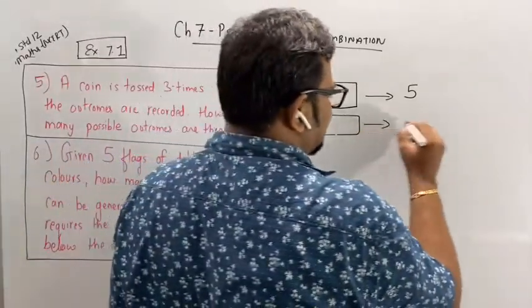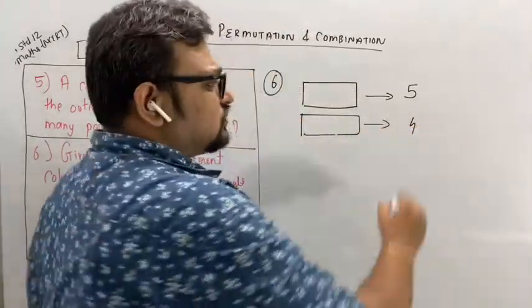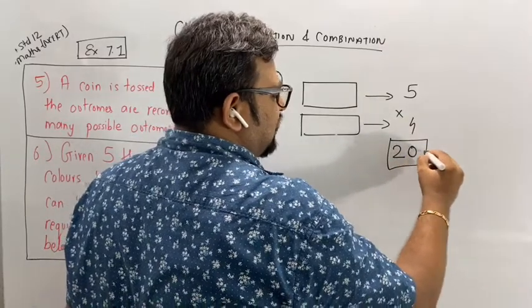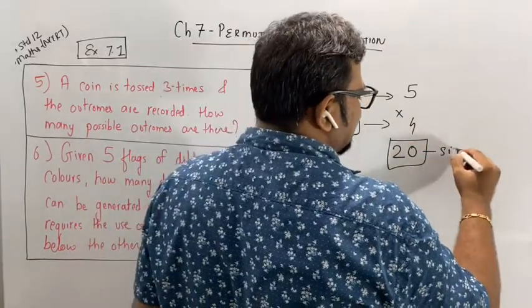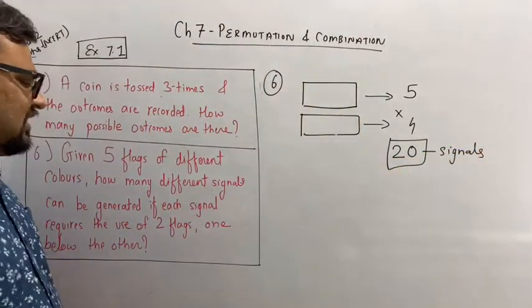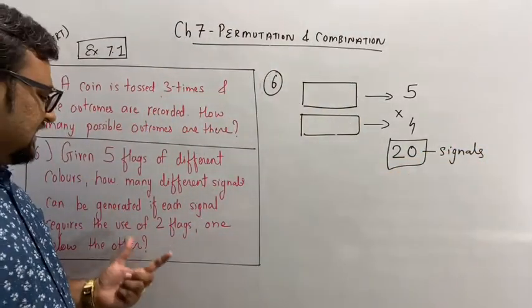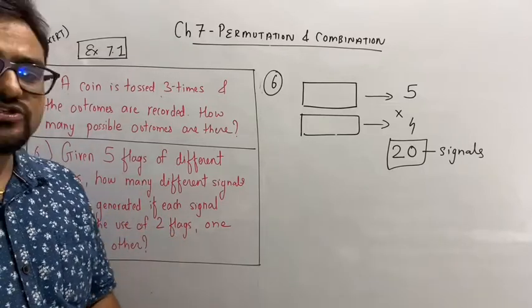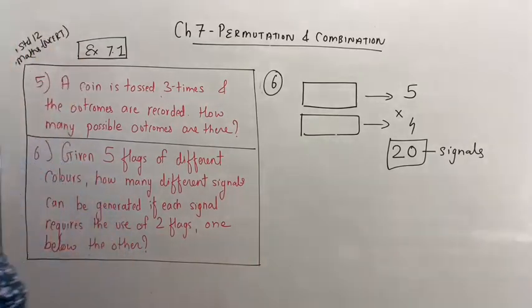So 4 possibilities. Clear? So in total I can form 20 signals using the 5 different color flags, taking 2 flags for the signal. Clear? So note down question number 6.